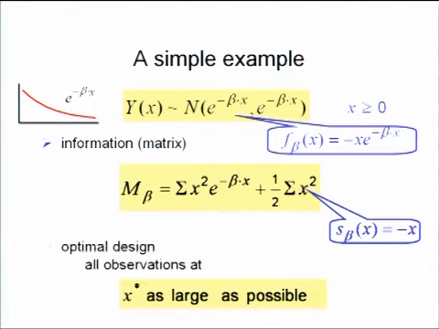Anyway, if you do that, you get the optimal design pushing your settings for the explanatory variable as far outside as possible, which is in a way contradictory. So this comes from the second term, which says we get most information there where the variability is very flat. Okay, I don't know what it means. Maybe somebody can explain it.